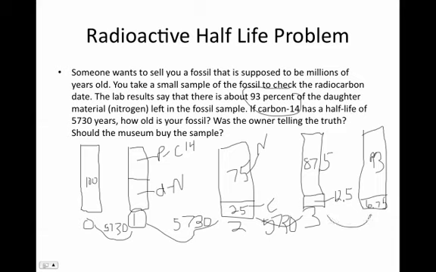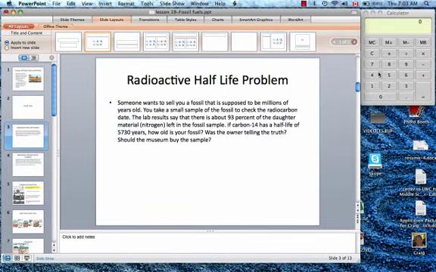So that's 4 half-lives. It took 4 radioactive half-lives, so that's another 5,730 years that have gone by. So 1, 2, 3, 4 rounds of 5,730 years. Let's use our calculator.